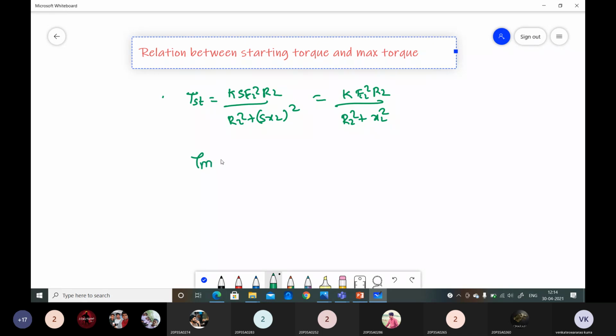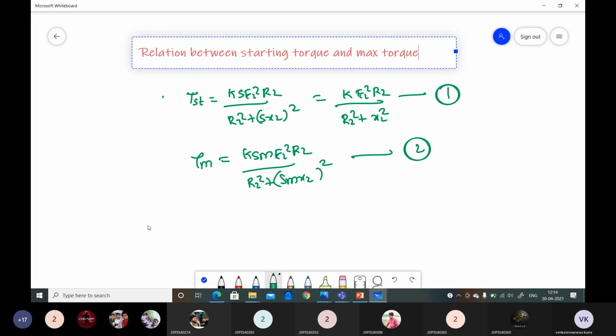And maximum torque T_max equals K S_M E2 square R2 by (R2 square plus (S_M X2) whole square). This is equation 1 and this one is equation 2.